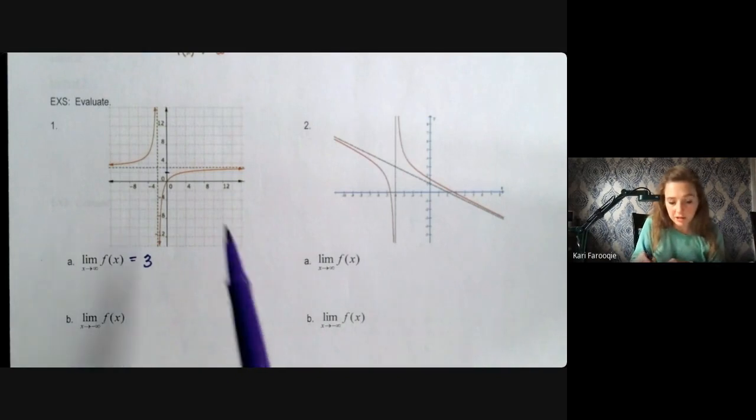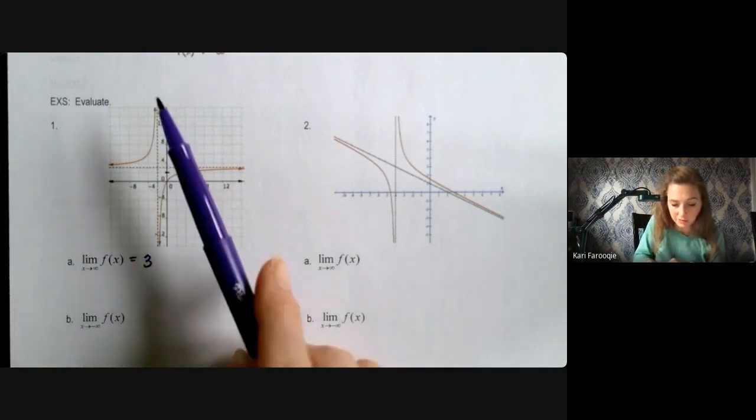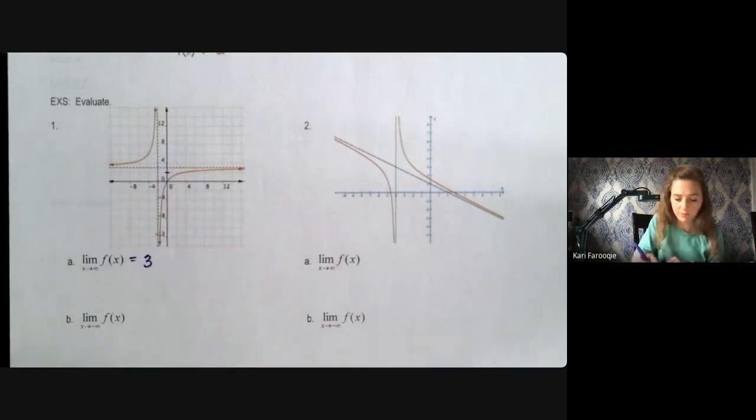So same idea here. We've got this horizontal asymptote that's controlling the end behavior of the function. So we would say the limit of f of x as x approaches negative infinity. Those would be the values that y is approaching. Well, they're approaching 3. So both of those limits, whether x is going to positive or negative infinity, will be 3.